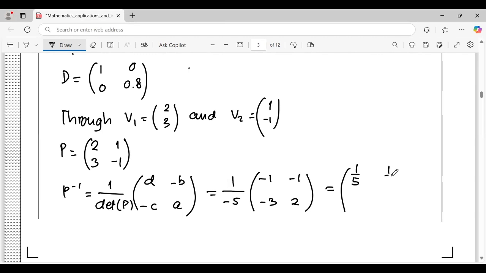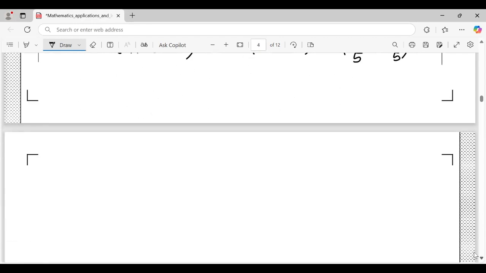as well this is 1/5, 3/5, and minus 2/5. So this is the inverse of matrix P, or P power minus 1.